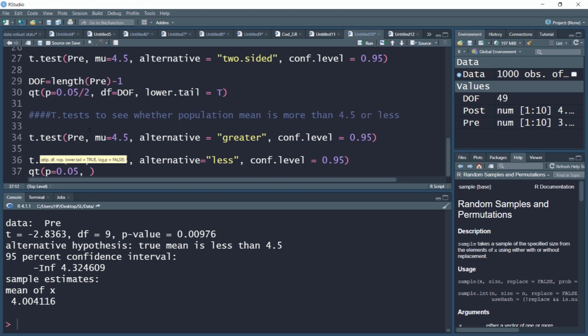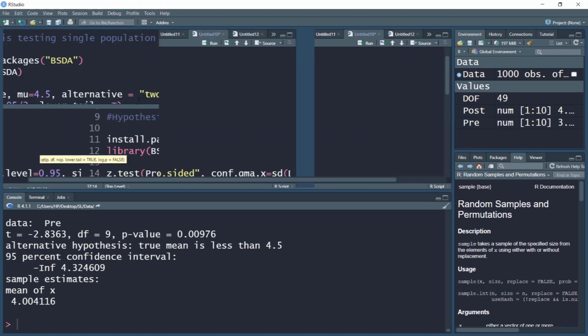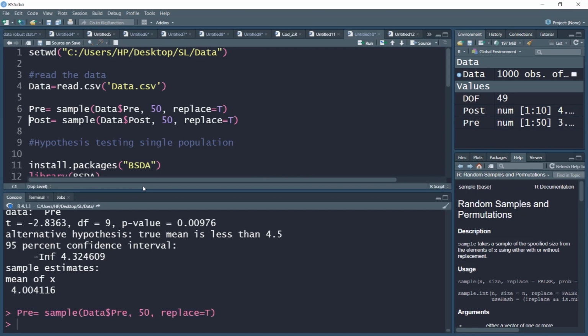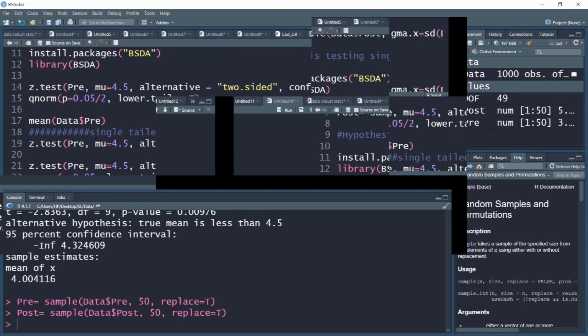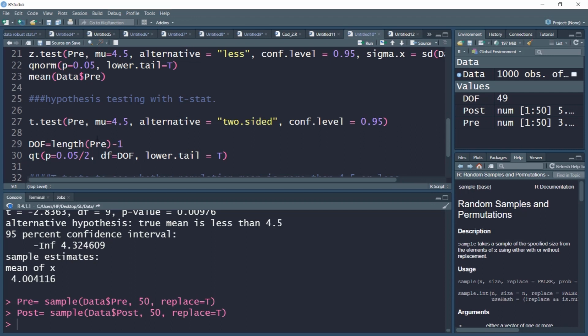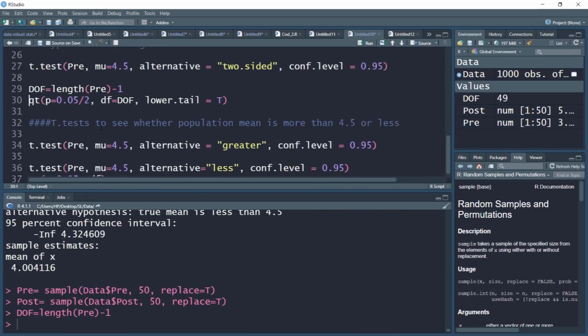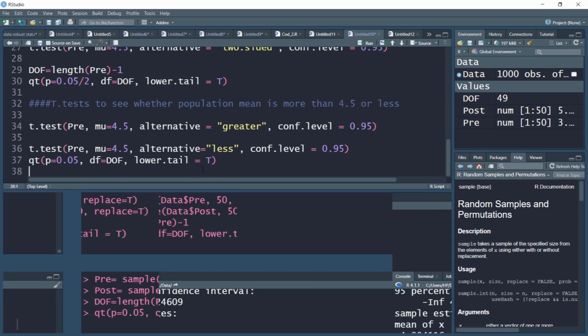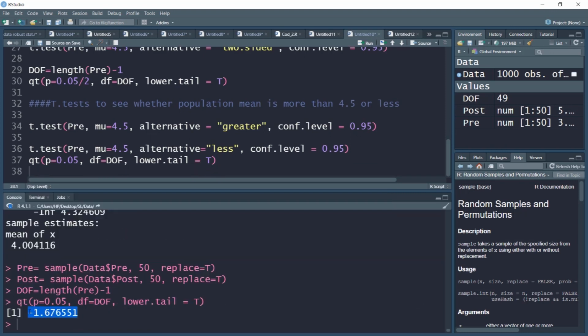We also need to supply degrees of freedom, but before that we'll put the sample size as 50 and compute our degrees of freedom as length of sample size minus 1, and then we'll run this. We'll give the degrees of freedom as DOF, and also we'll put the argument lower tail as T. Why? Because we are looking at the lower side of the tail, the negative side of the t statistic. So we can easily compute our relevant t statistic as -1.67.